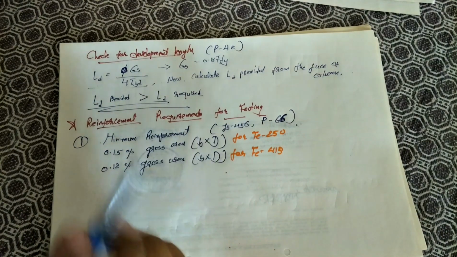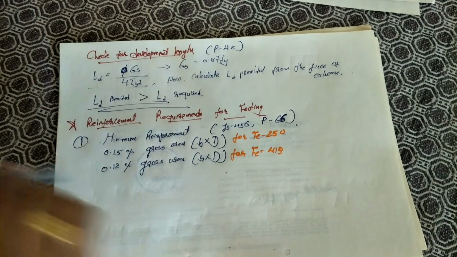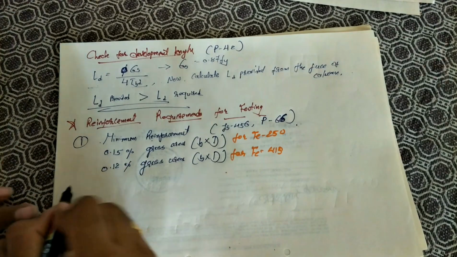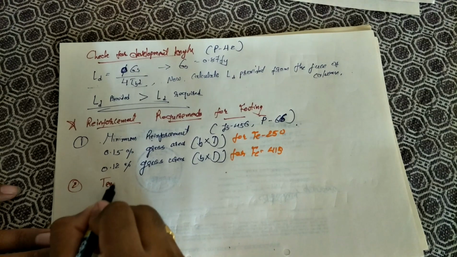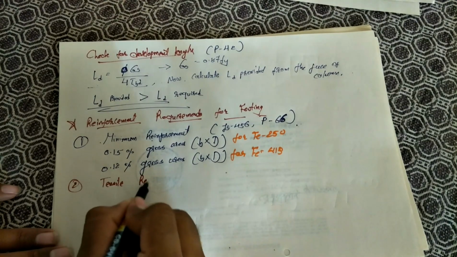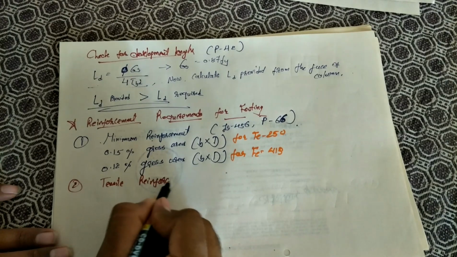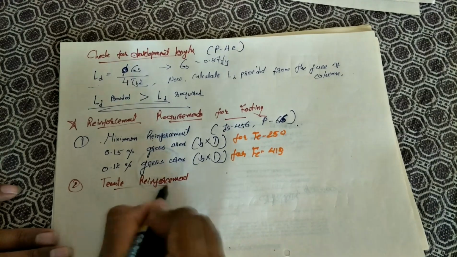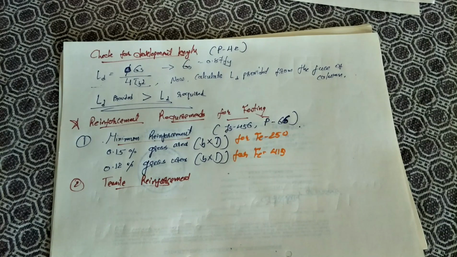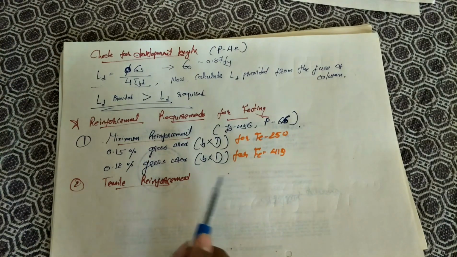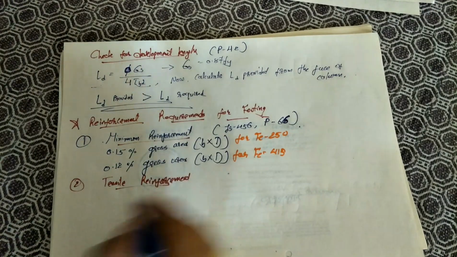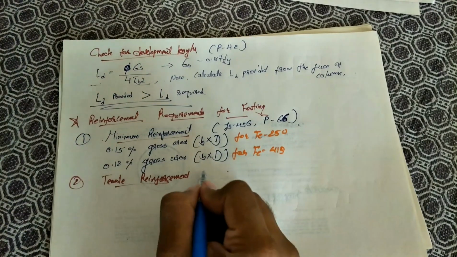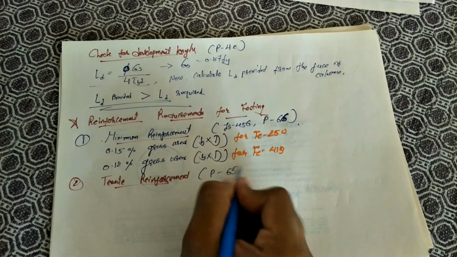Next is your distribution of tensile reinforcement, your main reinforcement. Tensile reinforcement shall be distributed across the corresponding resistance sections which are given below, and it is given in page number 65.